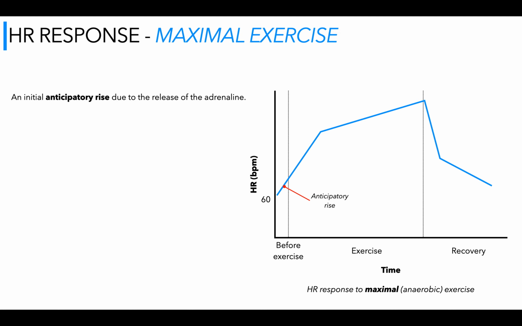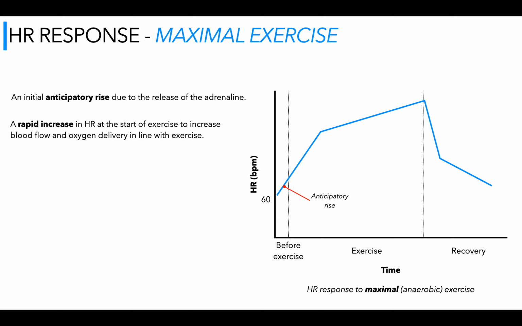So we have this initial anticipatory rise, we're excited, we're going to go for it. Again, we have a rapid increase in heart rate because we've gone from a stationary position to moving. Especially through the eyes of a 100-meter sprint, you've just gone from the starting blocks to trying to accelerate and get to your top speed as quickly as you can.